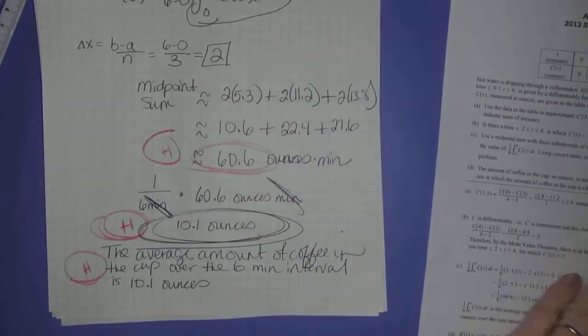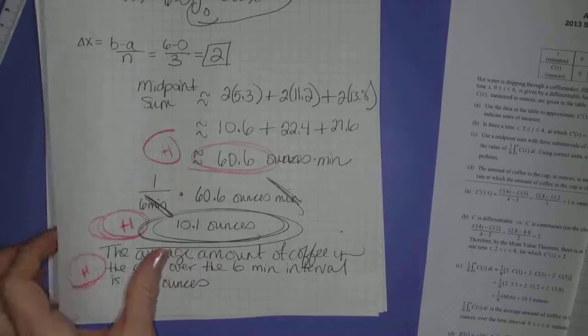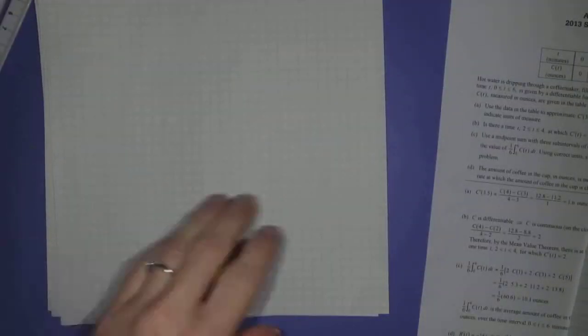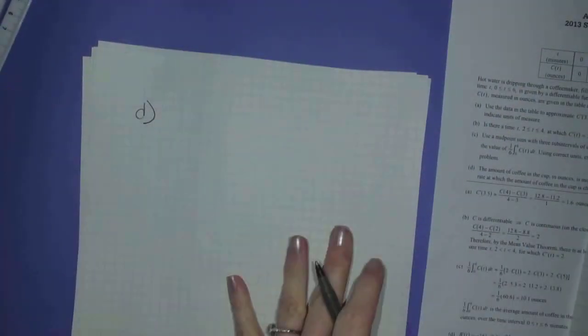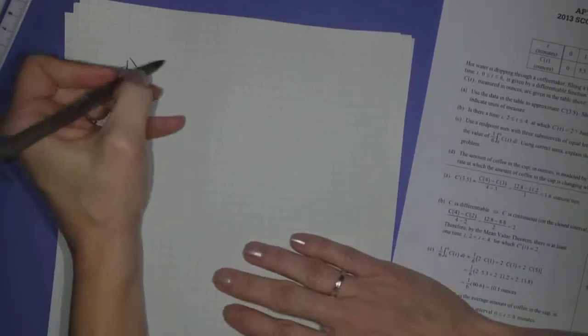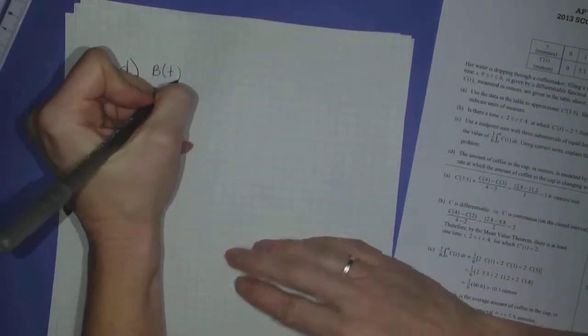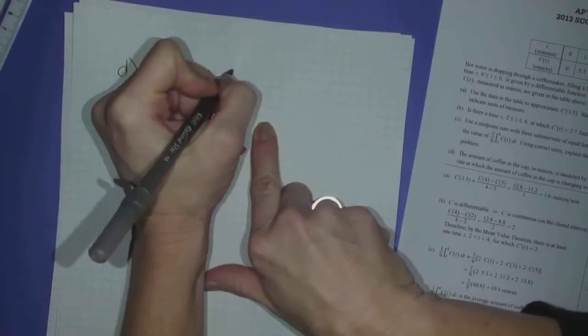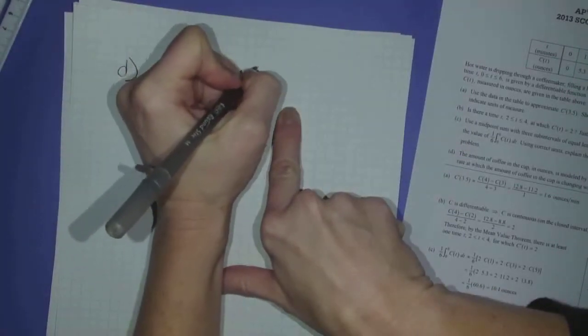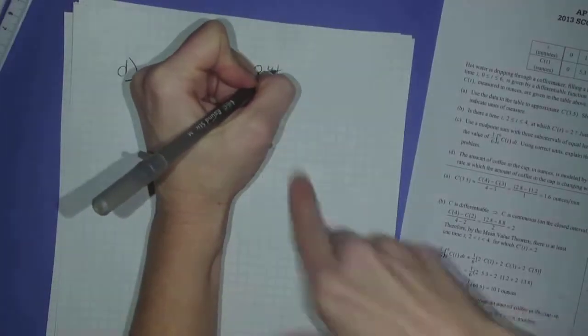Lovely. So we've got A, we've got B, we've got C. Let's get on to D and we'll call it a day. So here is part D. The amount of coffee in the cup in ounces is modeled by B of T equals 16 minus 16e raised to the negative 0.4t.